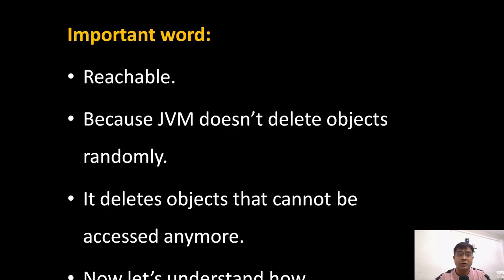The important word here is reachable, because the JVM does not delete randomly. The JVM is not going to delete any object randomly. It deletes the objects that do not exist anymore. Now let's understand how.